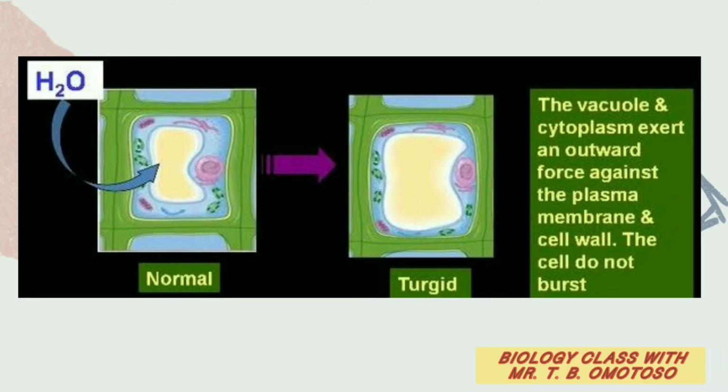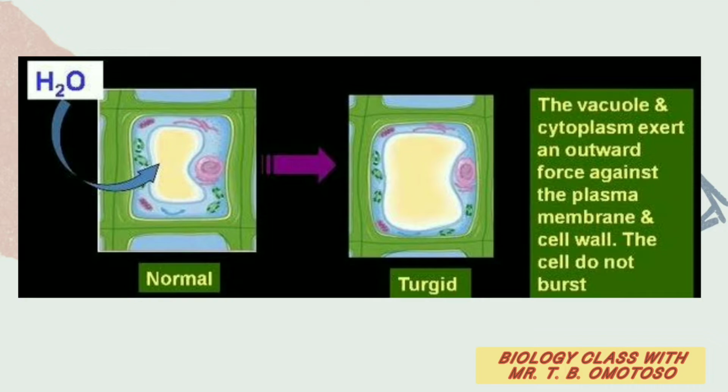At this point, the cell is said to be turgid. So turgidity occurs when a cell is placed in a hypotonic solution, and as a result, the cytoplasm solution is stronger than the water, and the cell absorbs water and becomes turgid, or swollen. But the reason why the cell did not burst, why?